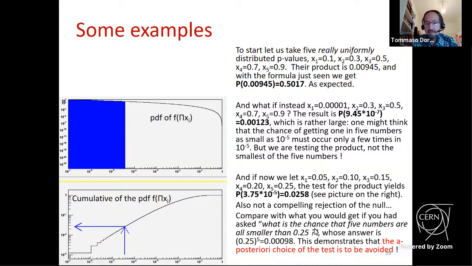If you had asked what is the chance that 5 numbers sampled from 0 to 1 are all smaller than 0.25, this would be a different question than taking the product and saying how often does the product equal or is smaller than 4 times 10 to the minus 5, right?